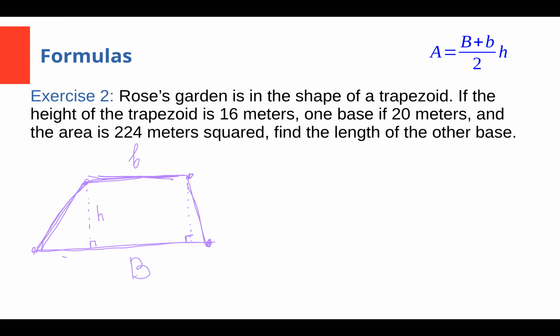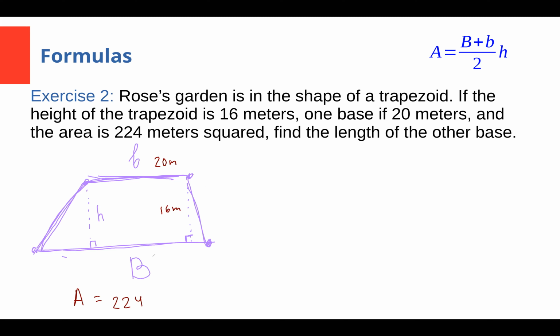The height is 16 meters. I don't know which base it is; we can say it's this one. If we find the other one is smaller, we'll switch them, but it doesn't matter. And the area, everything inside it, is equal to 224.